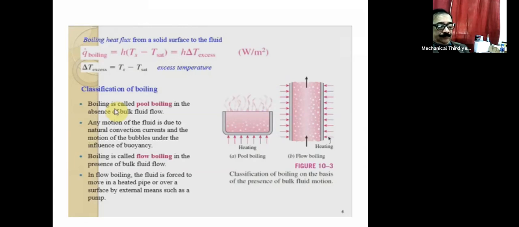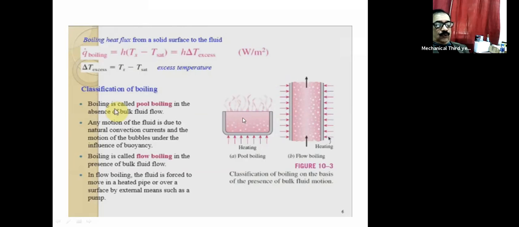Boiling can be classified into two types: one is pool boiling, and the other is flow boiling. In pool boiling, there is no external force that causes agitation.